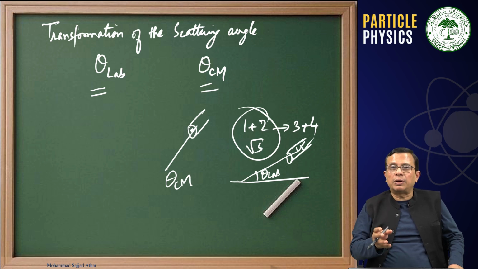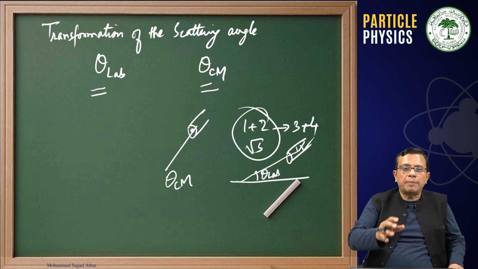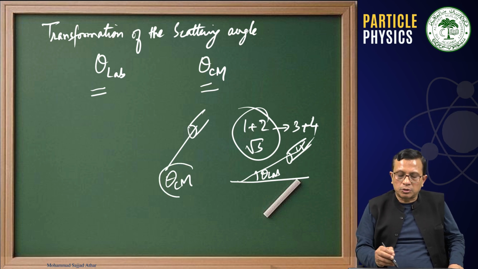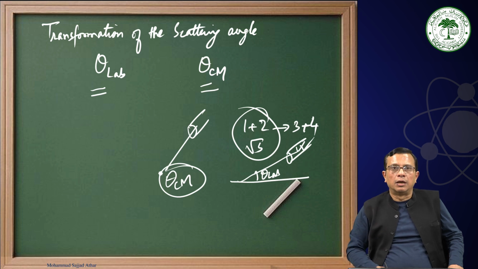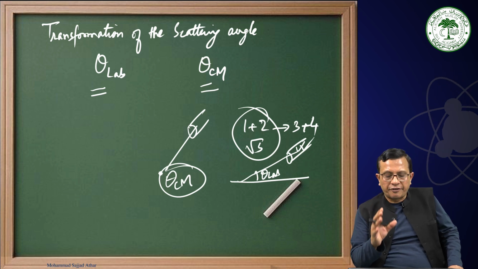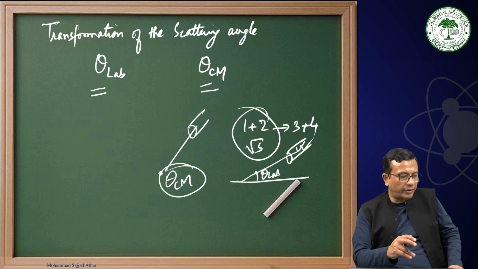Equivalently, the point where you get the same number of events will be the angle that corresponds to the equivalent angle in the laboratory frame. That means if I know theta cm, I will be able to tell theta lab, or vice versa.